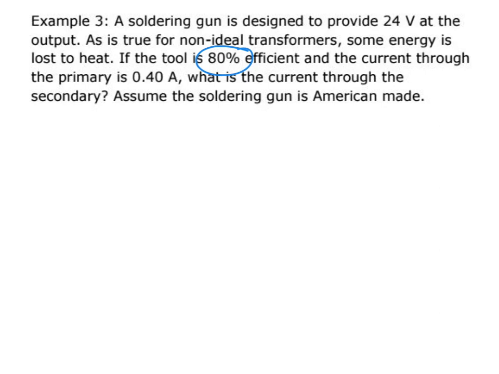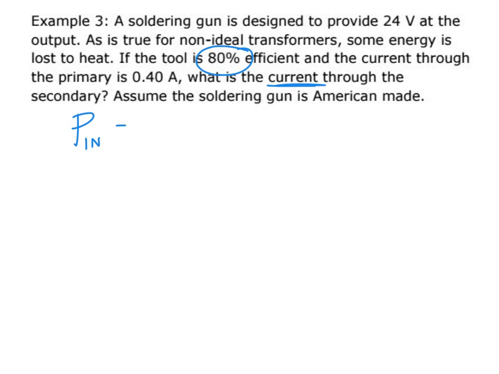So what we need to do here is we need to find out how much power we're starting with, the power that's input or the power of the primary, and then multiply that by 0.8 so that we figure out how much remains, and then use that to determine the current in the secondary.